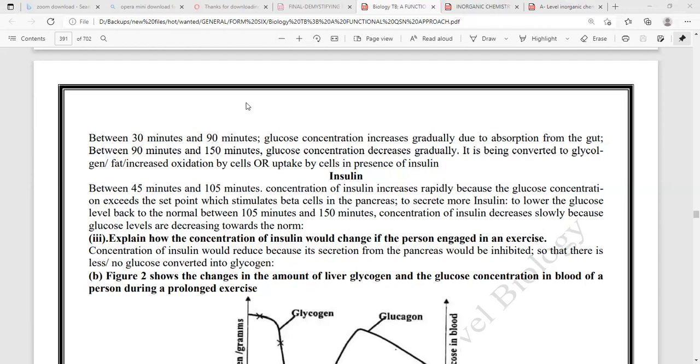Question 3: explain how the concentration of insulin would change if the person engaged in exercise. What would happen if this person performs an exercise? When someone is exercising, you expect increased cellular respiration.